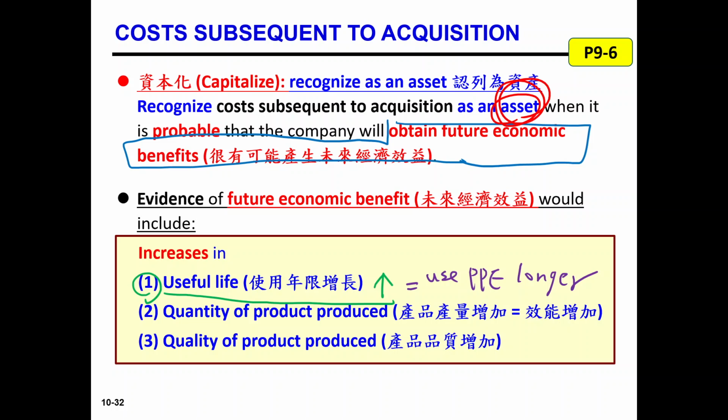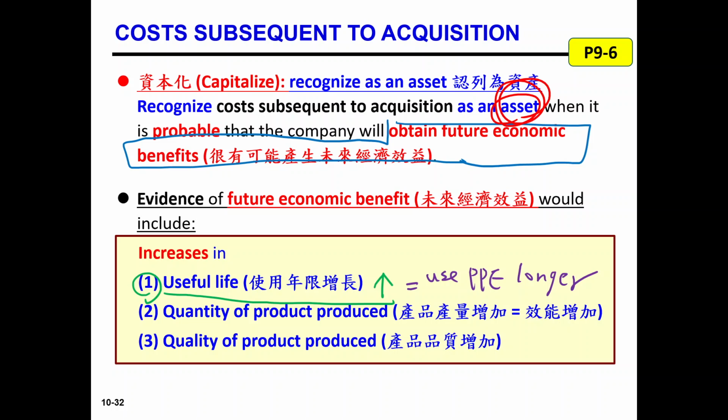Each day, I could just produce 10 products. But after I repair my machine, its efficiency increases. So I can produce like 30 units. So before 10 units, right now 30 units.